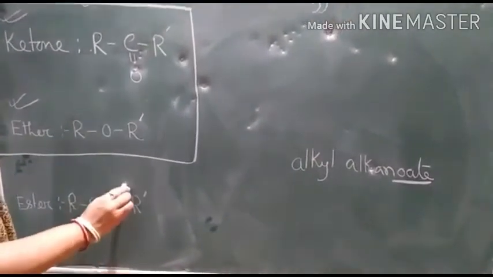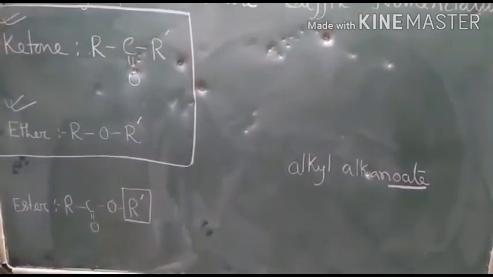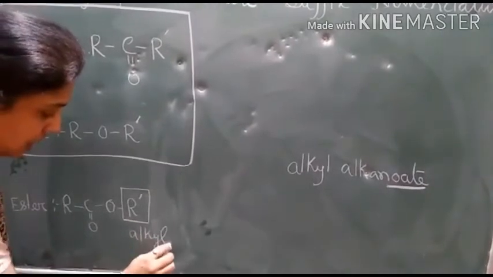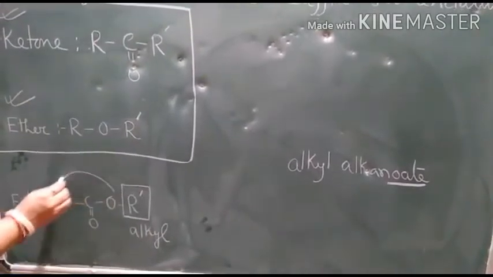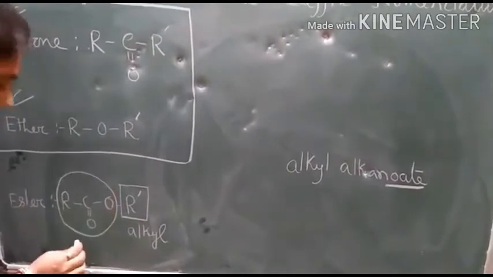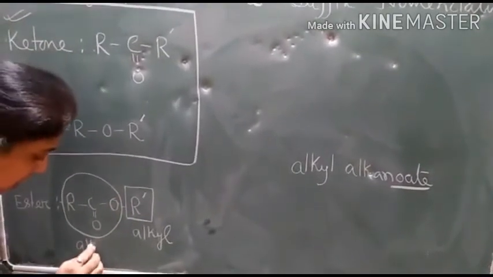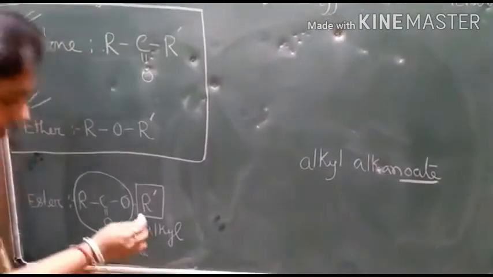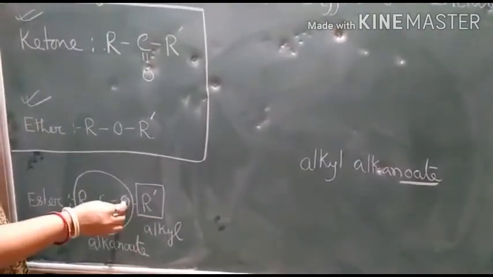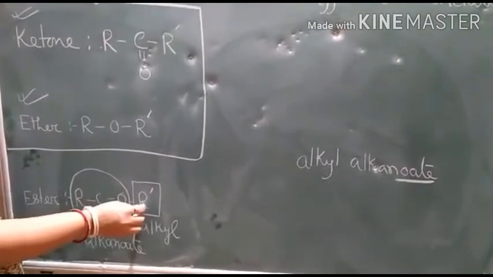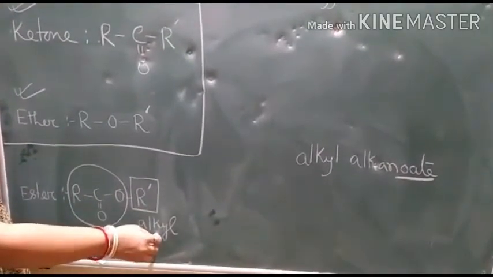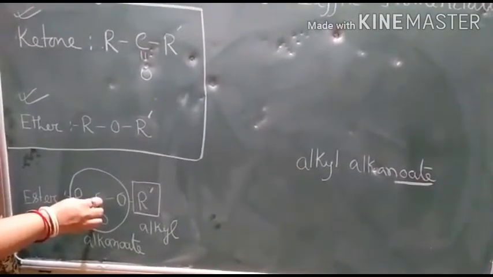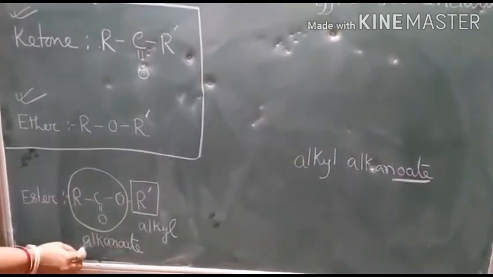So this one will be separated as alkyl, and this whole thing will be written as alkanoate. This is the only thing you have to understand. The R group which is separated by oxygen will be considered as alkyl. The other R which is directly attached with carbon will be considered as alkanoate.